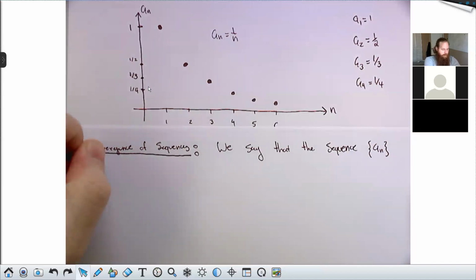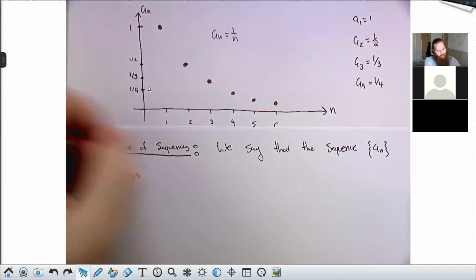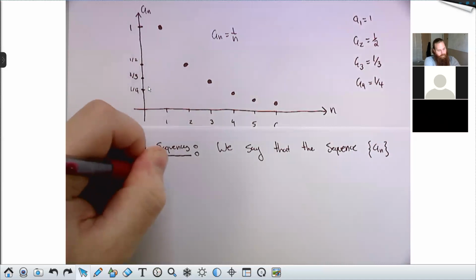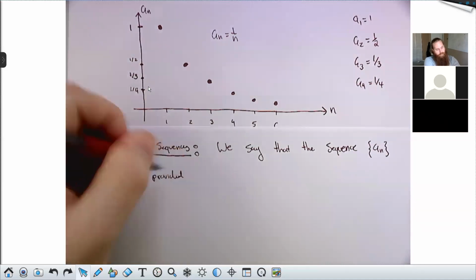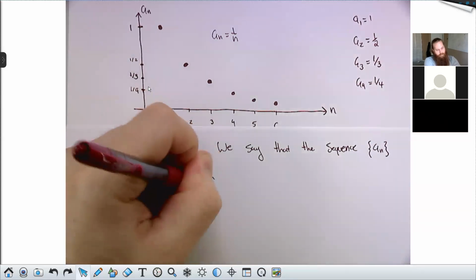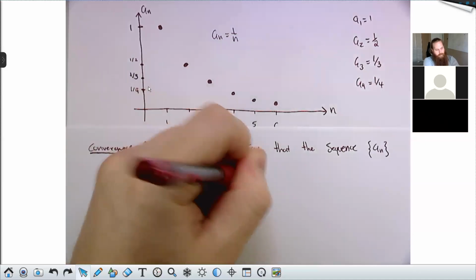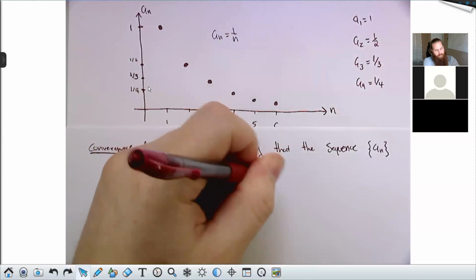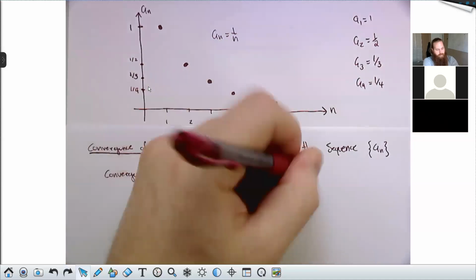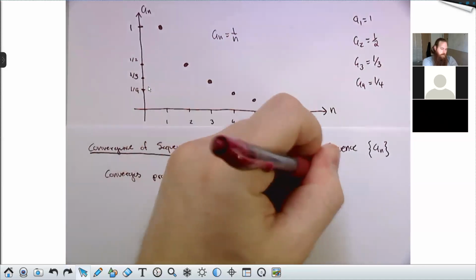We say that the sequence {a_n} converges provided the limit as n goes to infinity of a_n exists and is finite.